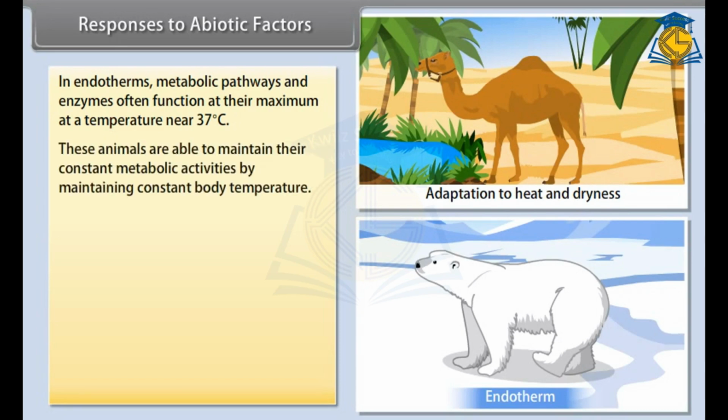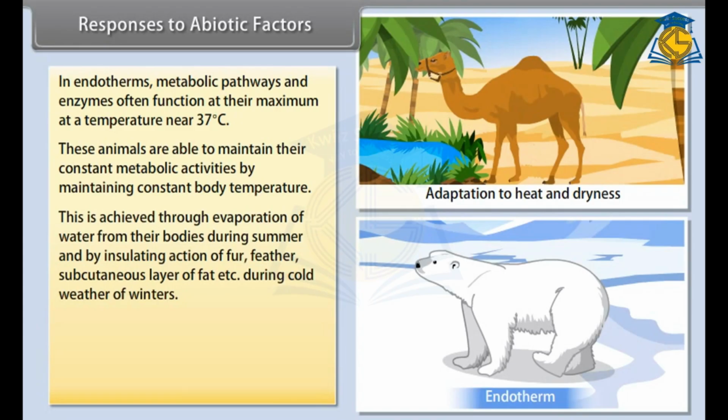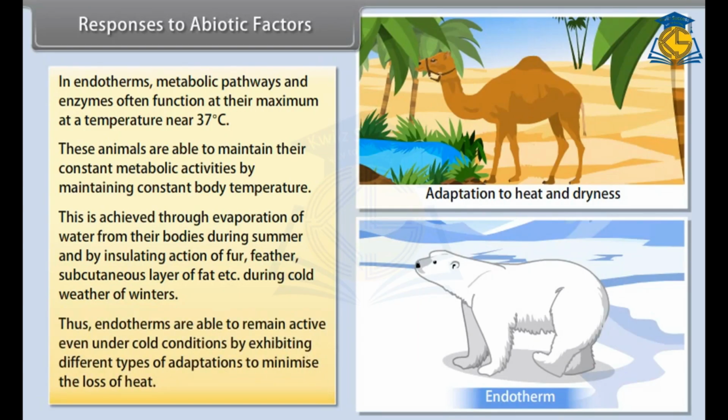These animals are able to maintain their constant metabolic activities by maintaining constant body temperature. This is achieved through evaporation of water from their bodies during summer and by insulating action of fur, feather, subcutaneous layer of fat, etc. during cold weather of winters. Thus, endotherms are able to remain active even under cold conditions by exhibiting different types of adaptations to minimize the loss of heat.